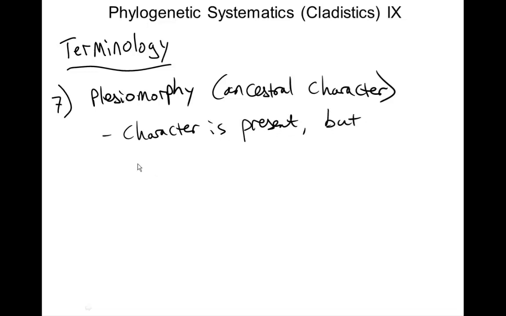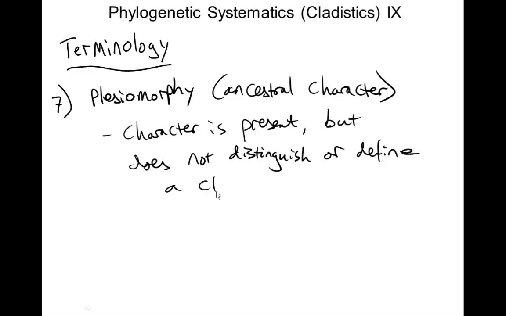So a character is present but does not distinguish or define a clade. And so you can contrast this with synapomorphies, which define clades. So you have synapomorphies and plesiomorphies. And I'll give you an example of this right here.